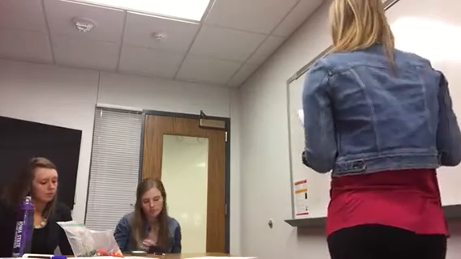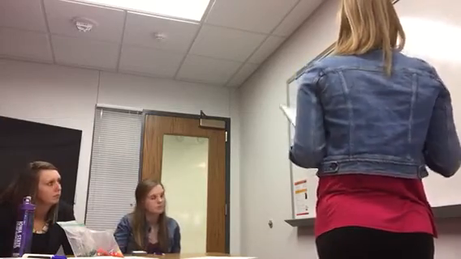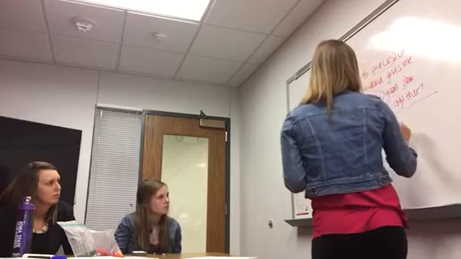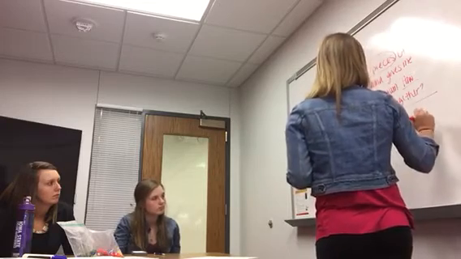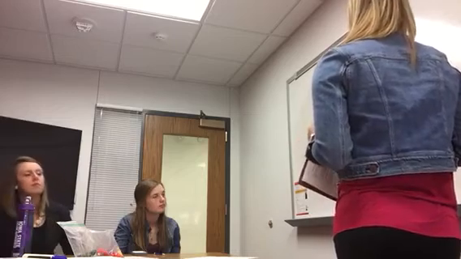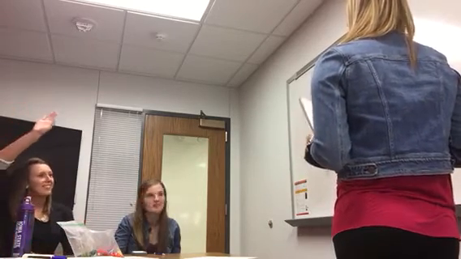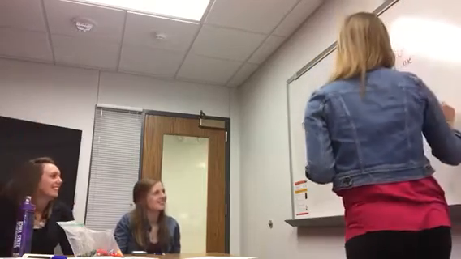So that tells us that it's 5 plus 4. Once we write out our equation, we have 5 plus 4. Can anyone tell me what 5 plus 4 is? 9. Good job.